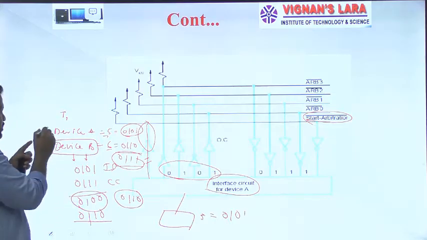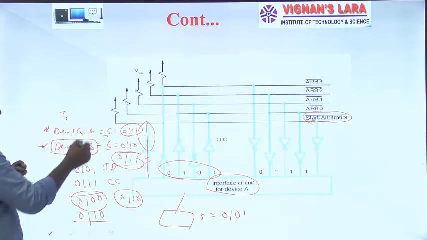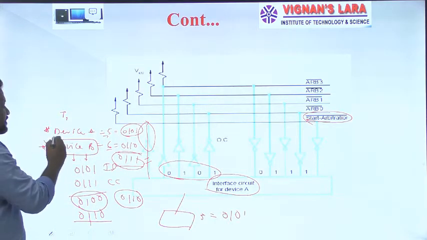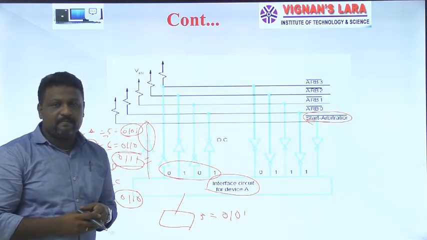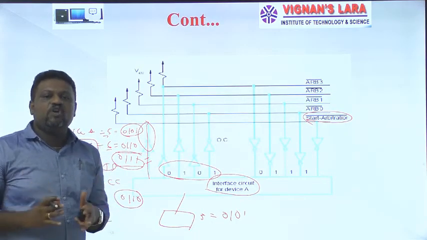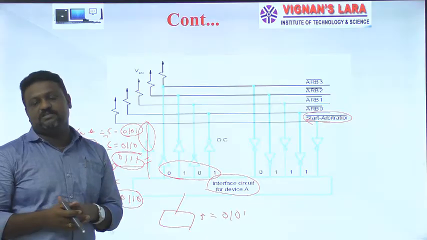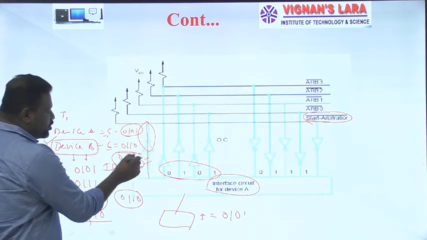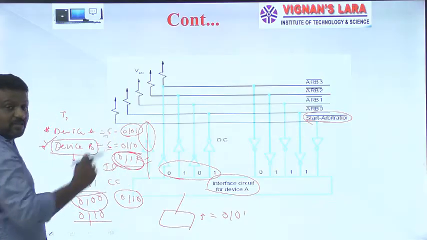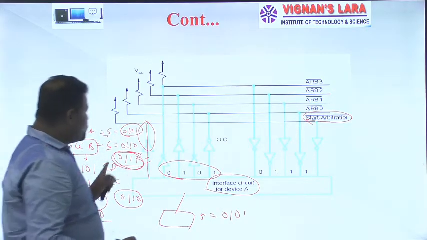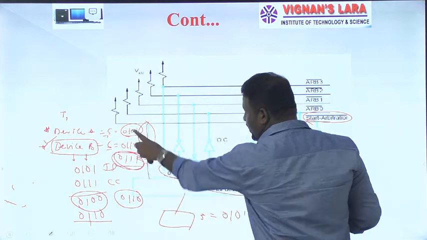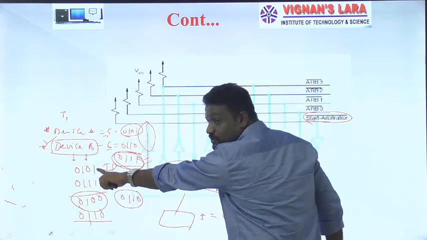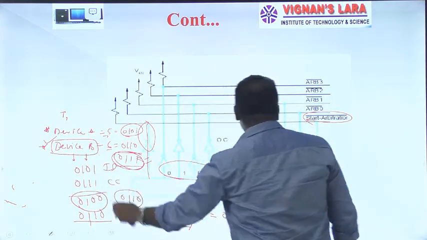That means out of these two devices, device A and device B, device B wins the race. That means device B now becomes the new bus master. Or I can say it in another way. This is the consolidated code that is received by both the devices. In that process, device A is removed from the race because of the third bit difference.